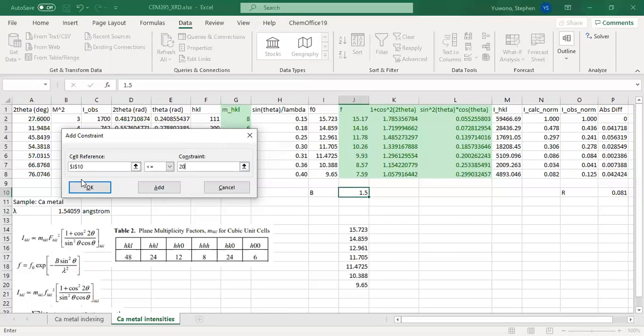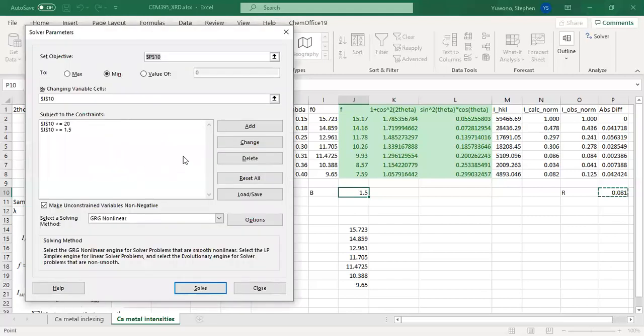Okay. So if you click OK, it will go back to the previous dialog box, and it's all set here, the constraints. All right, so you can leave the rest of the settings as is, and you can just click Solve.